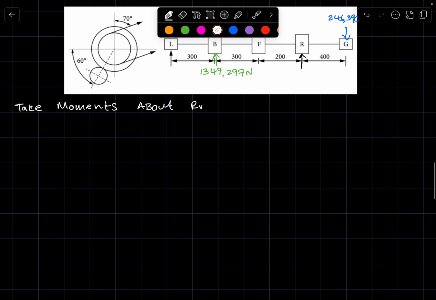Hence, in applying conditions of equilibrium using the law of moments, the sum of clockwise moments is equal to the sum of anti-clockwise moments.